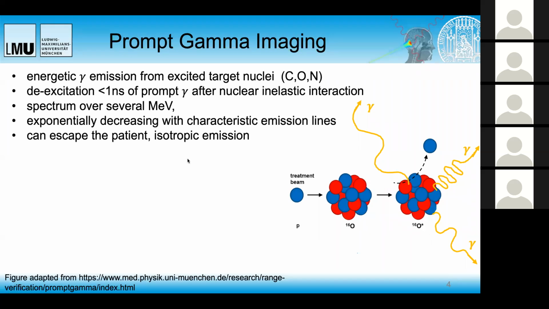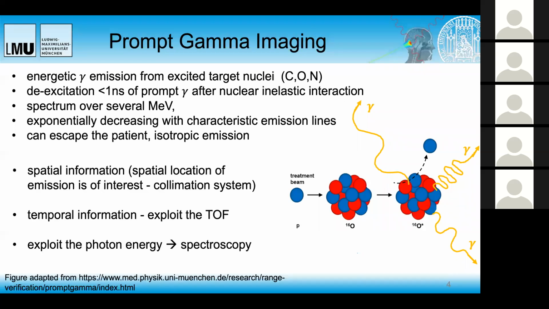Another characteristic I want to mention here is that the emission of the prompt gammas is isotropic, which is important to know in the next two slides. So in the end, there are different kinds of information that can be extracted from the prompt gammas.